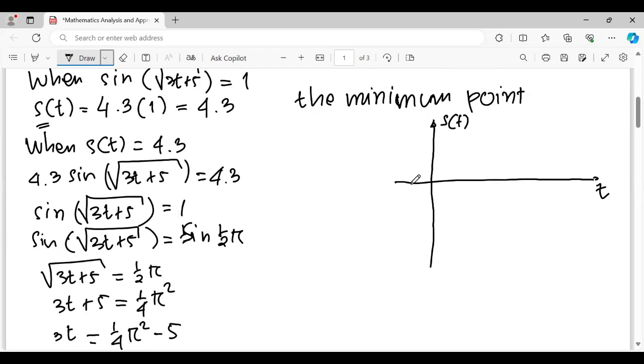So minus 0.8 around here, and this one is the minimum. Okay, this is 4.3, right?